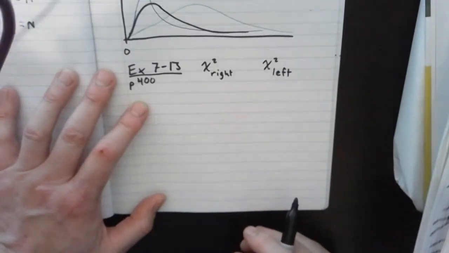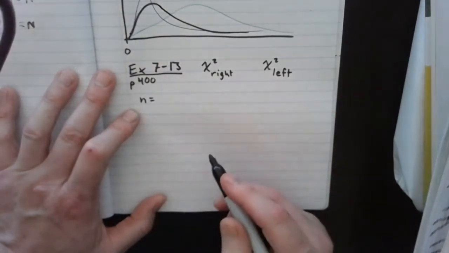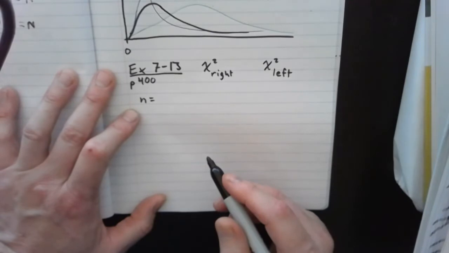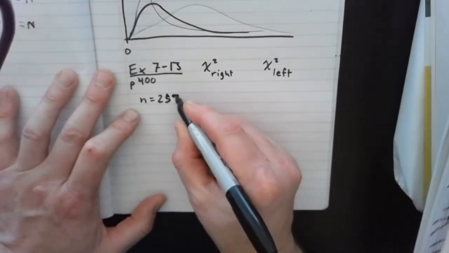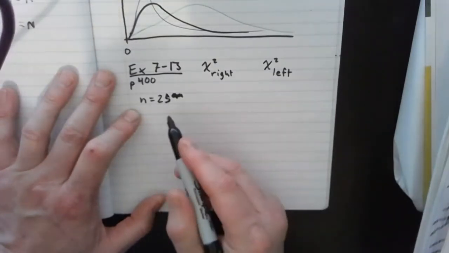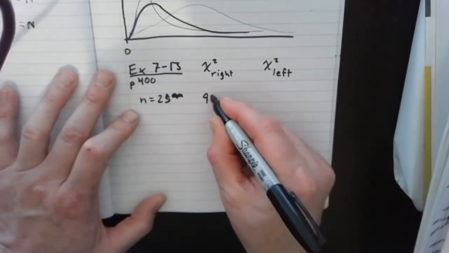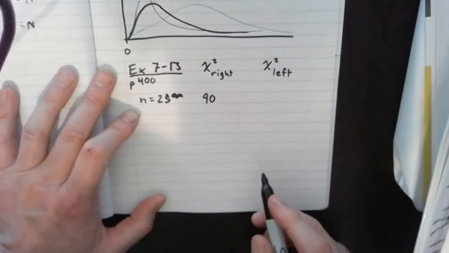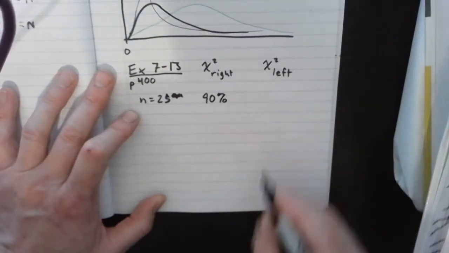Okay, and we are given that n is equal to 25, and our confidence level for our confidence interval is 90%.